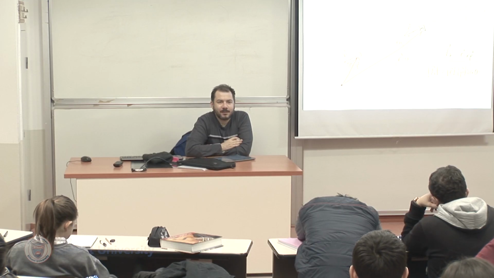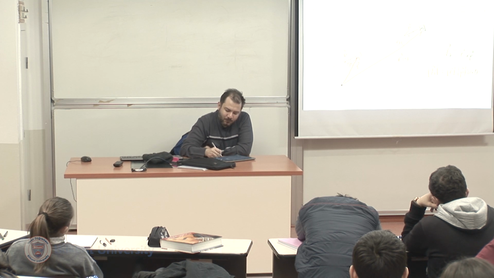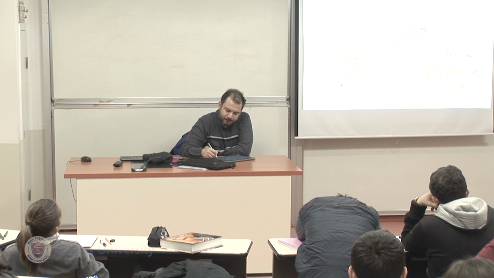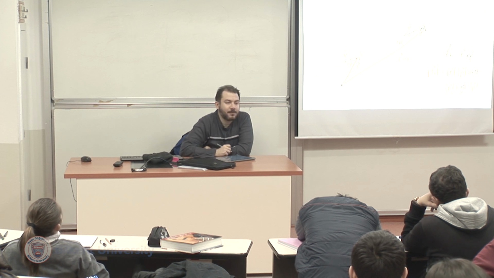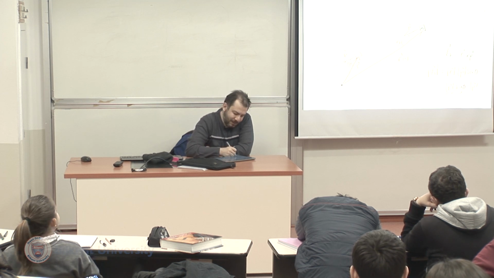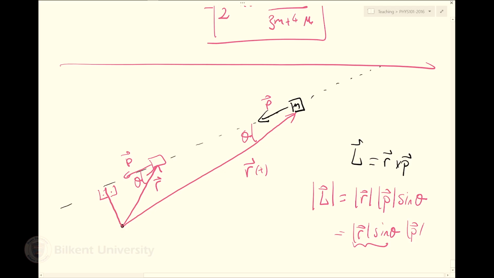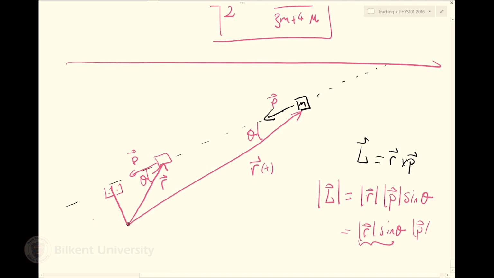But here's the nice thing. When I'm moving on this line, what is R times sine theta? R times sine theta is always the same. Because for all these right triangles, R times sine theta is basically the distance of the line to the pivot point, the closest approach of the particle to the pivot point. Okay?